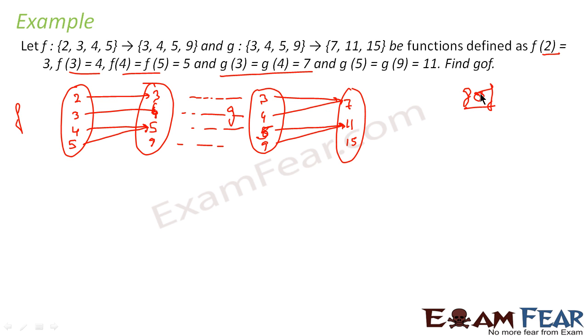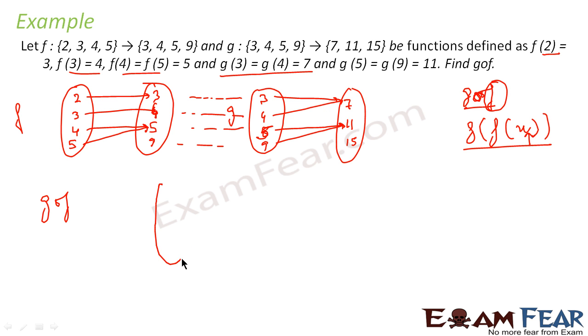That means the input will first go into function f. Whatever input comes, g of f is nothing but g of f(x). The input will first go to function f. Whatever output is f of x, this output will go to function g. So for g of f, it starts with f, the input goes first to function f.